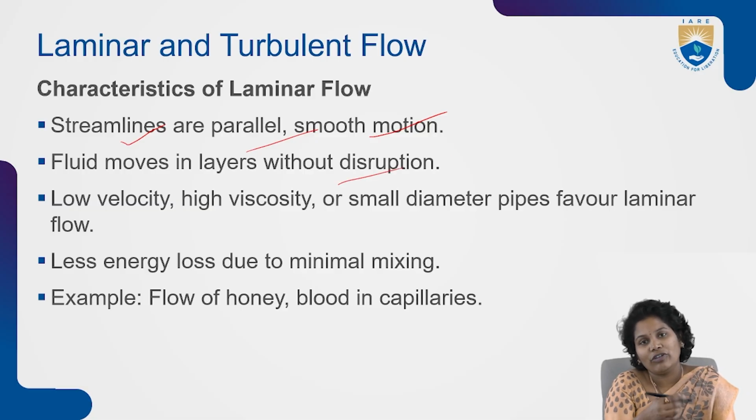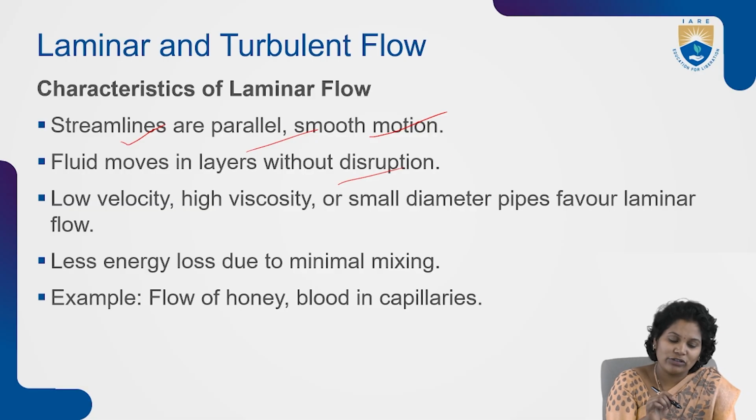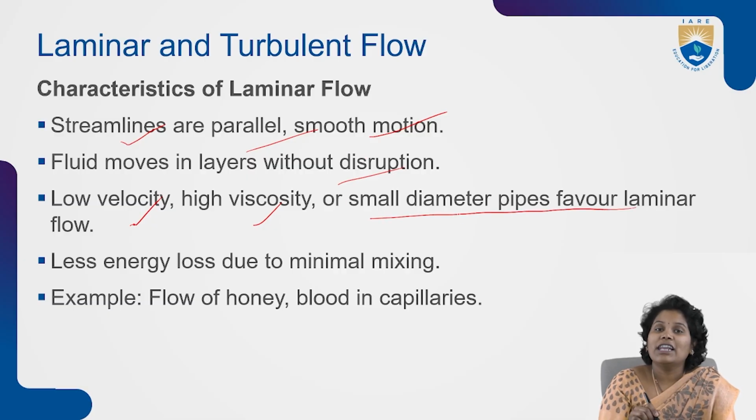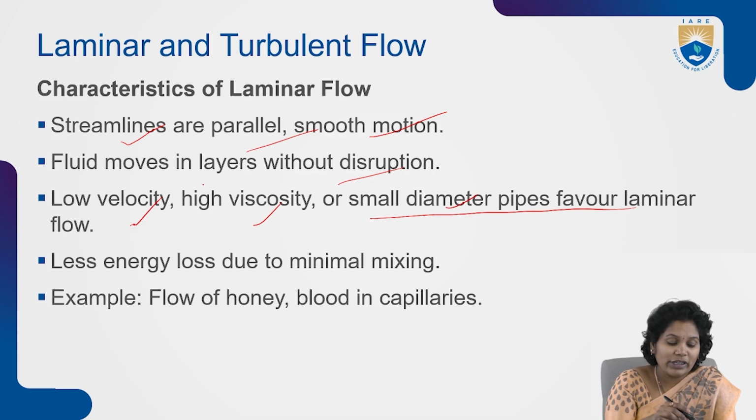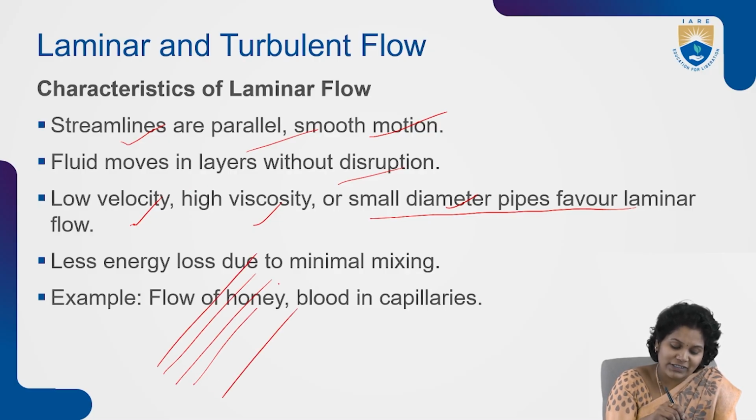All the particles are moving in their own path. So here, as we discussed, low velocity and a high viscous nature of the fluid, and one more thing: small diameter pipes favor laminar flow. Coming to the energy loss: all the particles are moving in their own path, so the disturbance is very less.